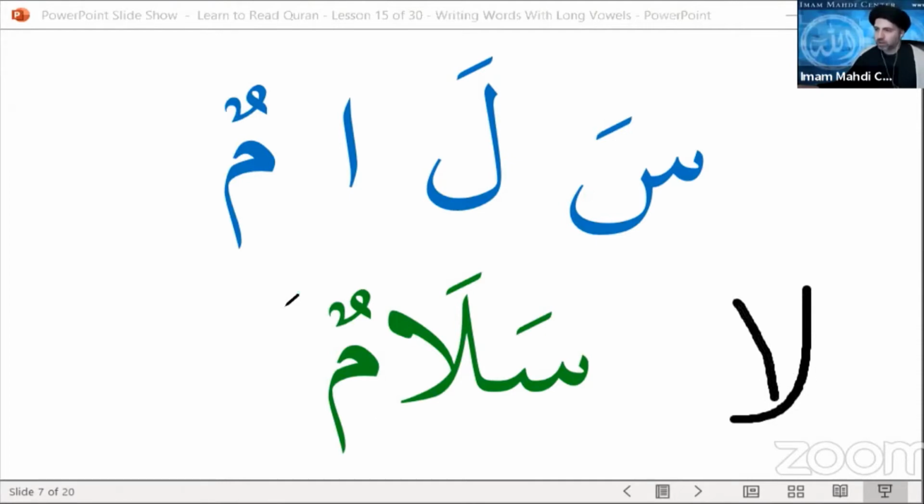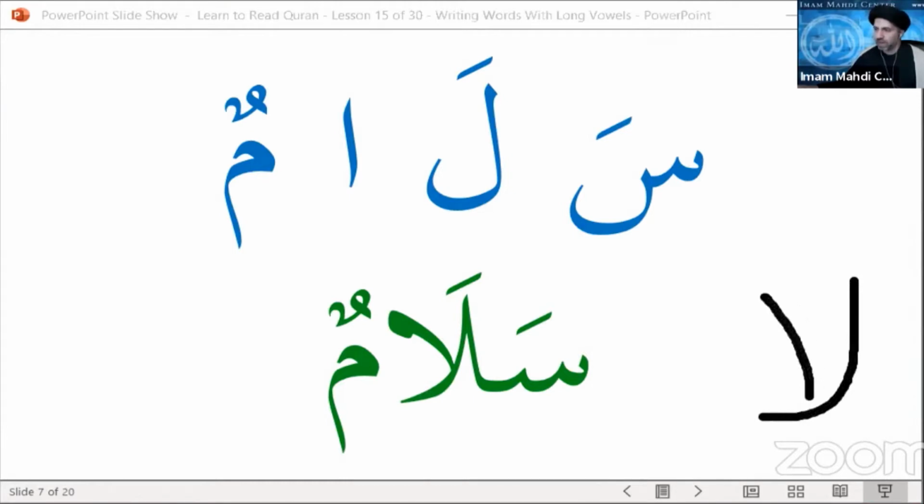Sometimes you'll see it written in this form, and sometimes you'll see this form, where this first portion here is the lam, and then this second portion is the alif. So you'll have to get used to these. So here in this font, we have this form where the lam is written like this, and then the alif is written inside the lam. This is called the lam alif, the combination.